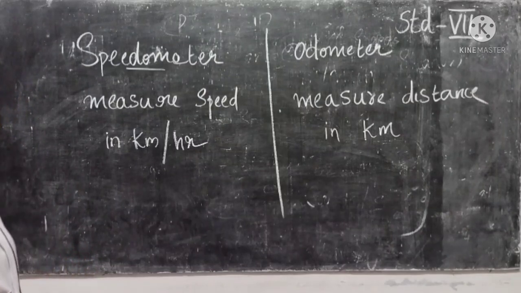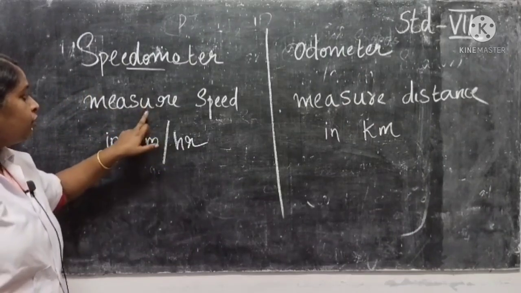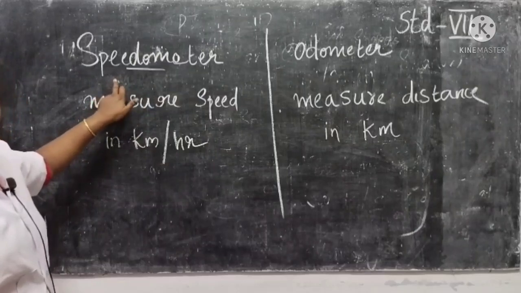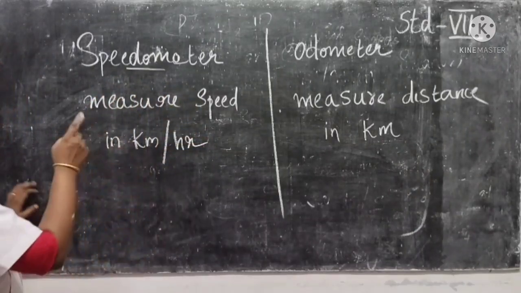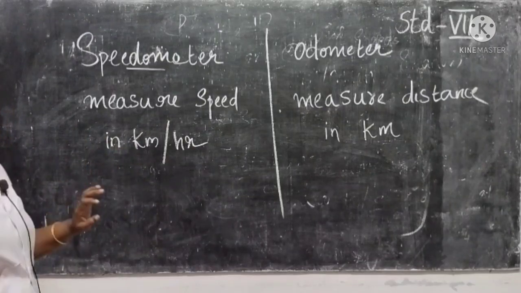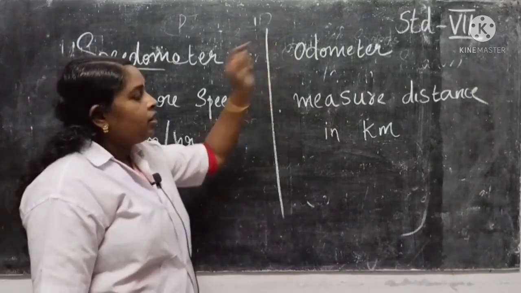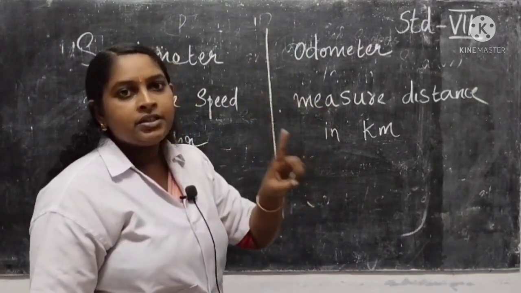Next is speedometer and odometer. Speedometer is a device used to measure speed in a vehicle, and it is measured in kilometer per hour. Then odometer is another device used to measure the distance of the vehicle.